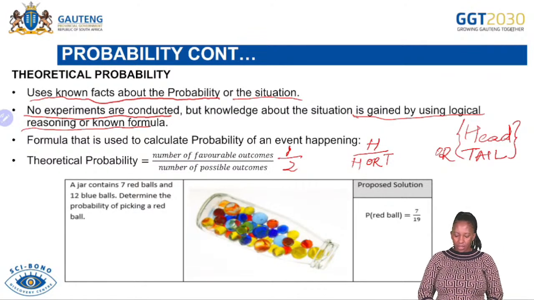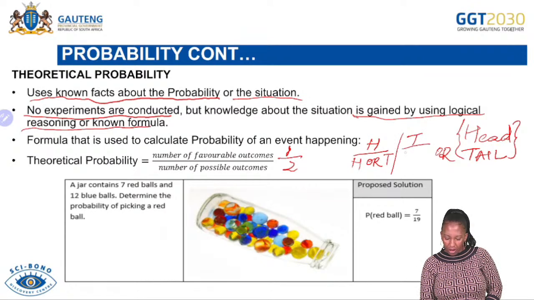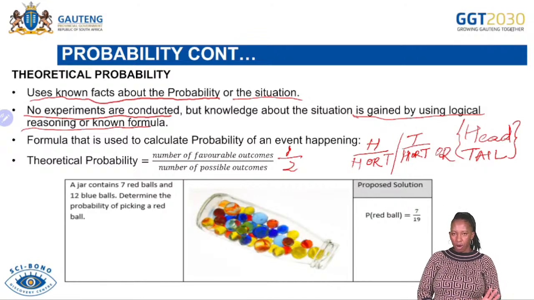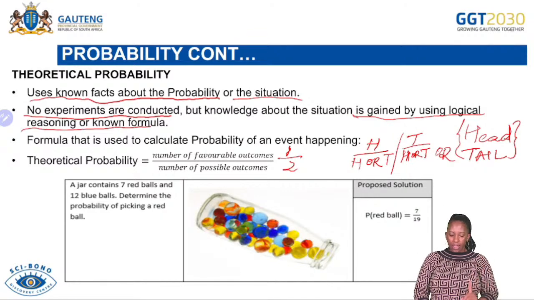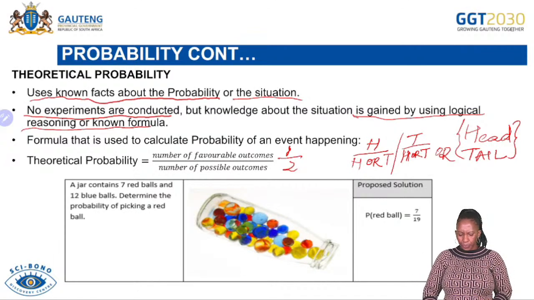So that means it will only be one. It can either be a head or a tail. So the number of favorable outcomes is only one, and the number of possible outcomes is two.